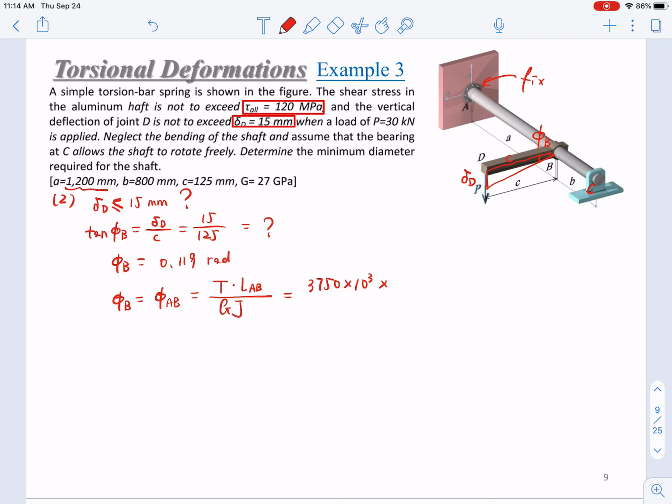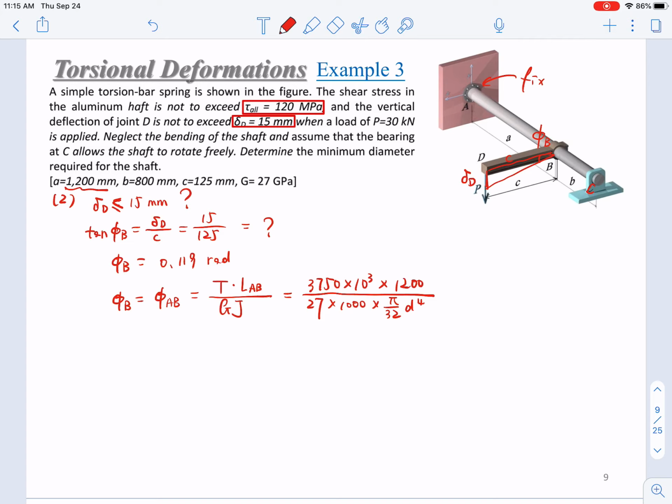3,750,000 times 1,200 over the G. G is 27 GPa, so we need MPa, right? It's times 1,000. Then times the J, pi over 32 d to the fourth.